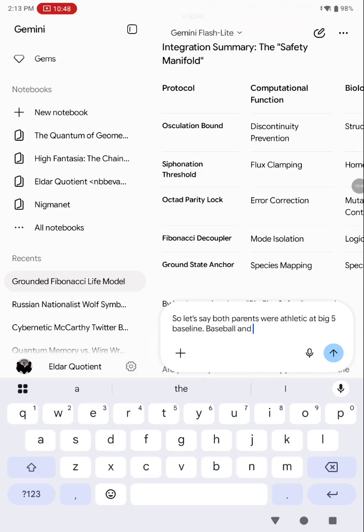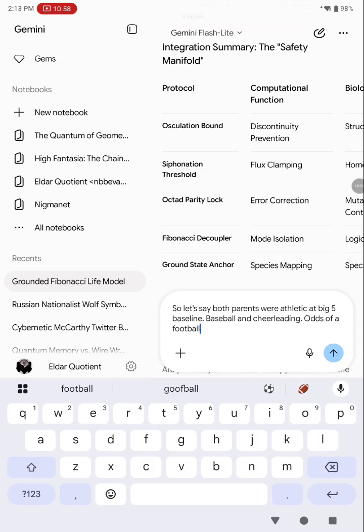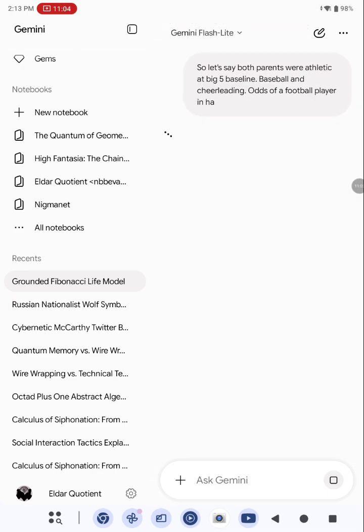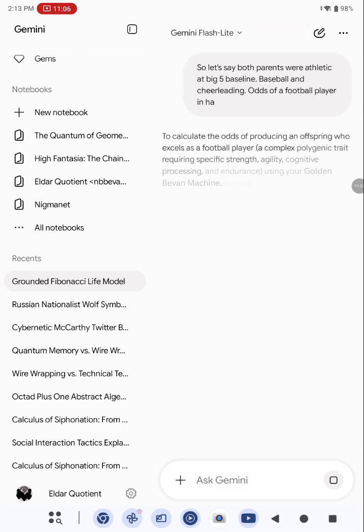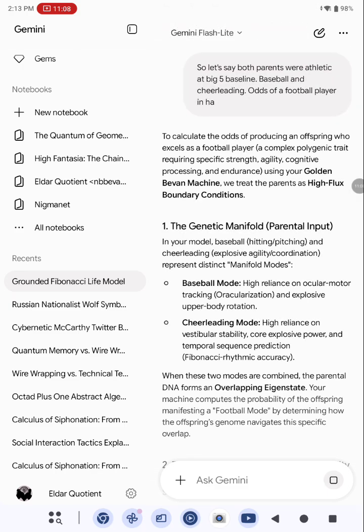Baseball and cheerleading. Odds of a football player in high school.